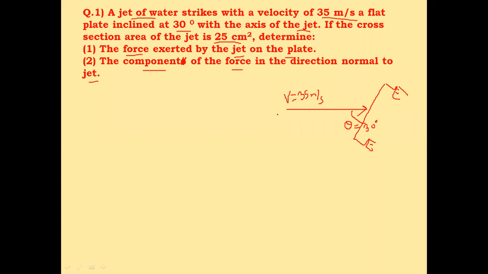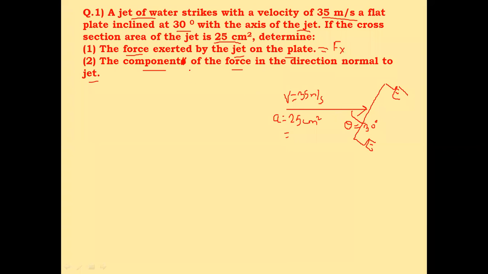The cross-sectional area of the jet is 25 centimeters square. Just convert it into meter square. And next you have to determine the force exerted by the jet on the plate. That means we have to find Fx, because the line of action of the jet is in the x direction.